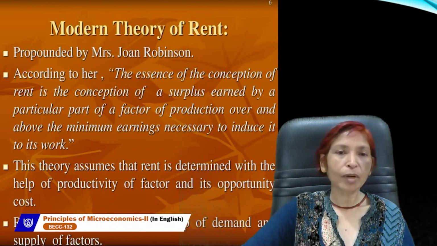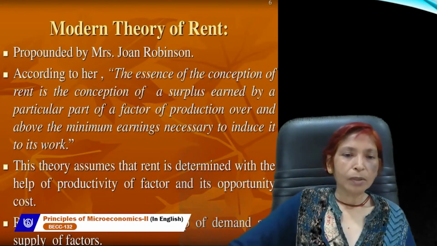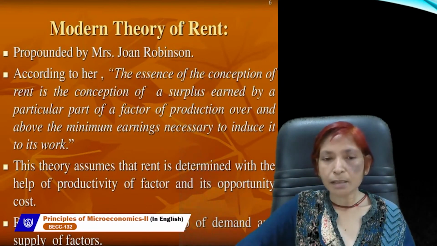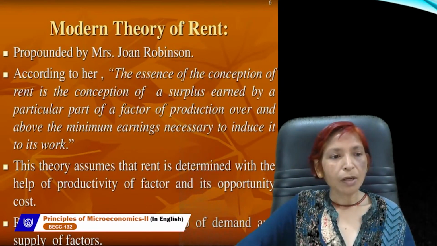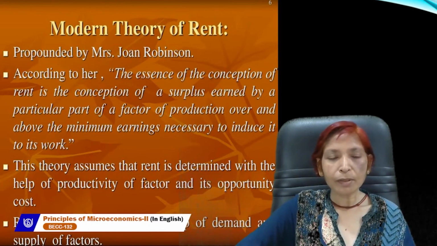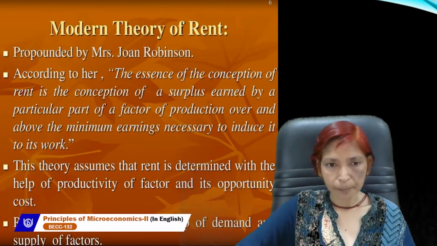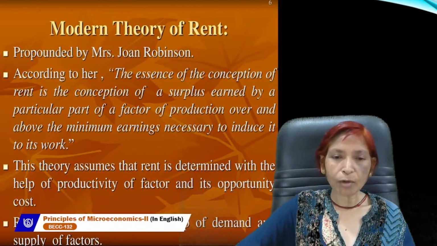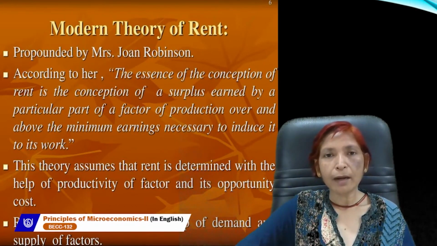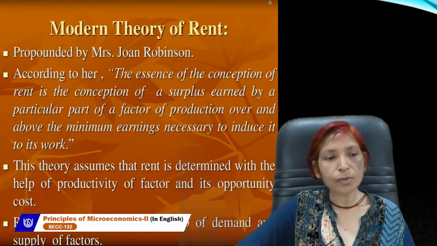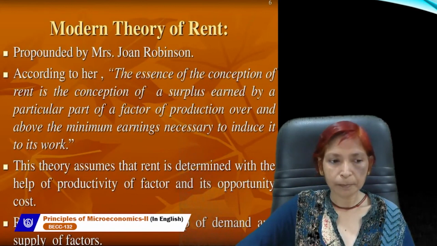it to its work. So the essence of the conception means economic rent is a surplus income, or economic rent is the excess of the actual earning over the transfer earning. A surplus income earned by a particular part of a factor of production over and above the minimum earning necessary to induce it to its work.